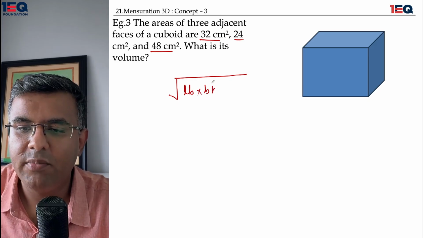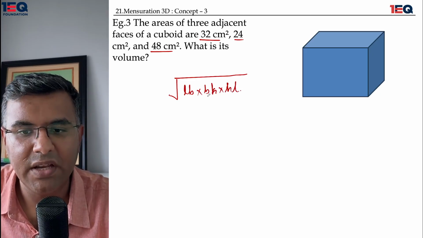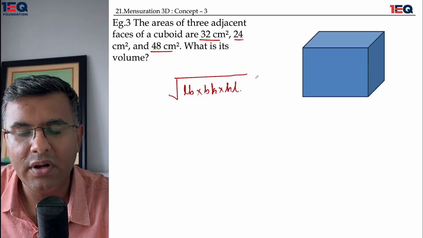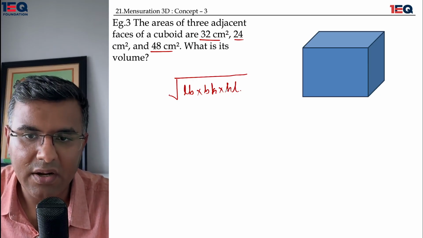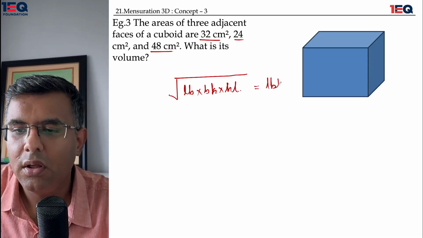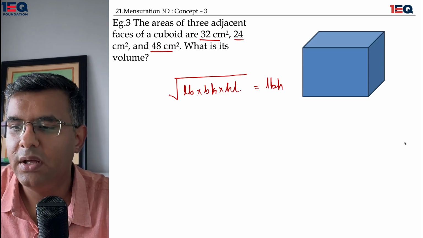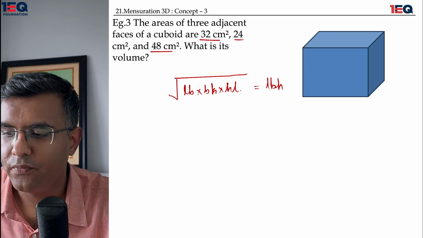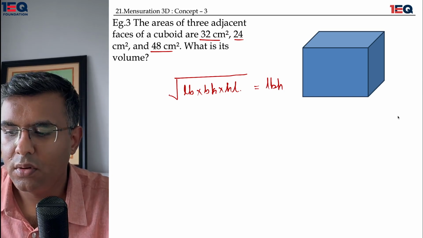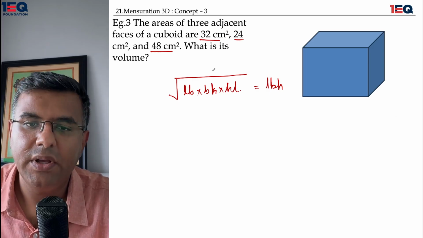LB multiplied by BH multiplied by HL. This is something which has been given to us. When you put a root on it, the couples get separated and the output of this comes out to be LBH.